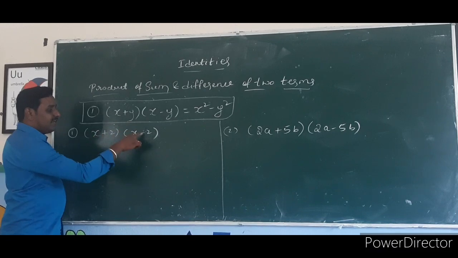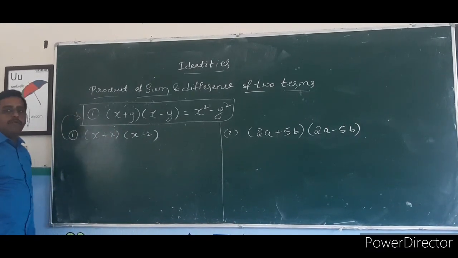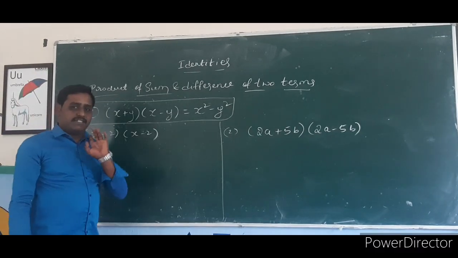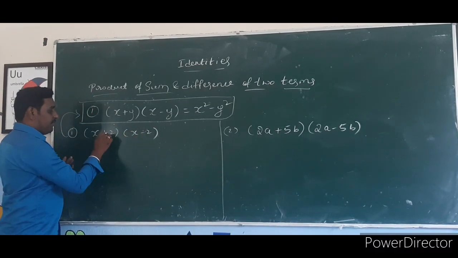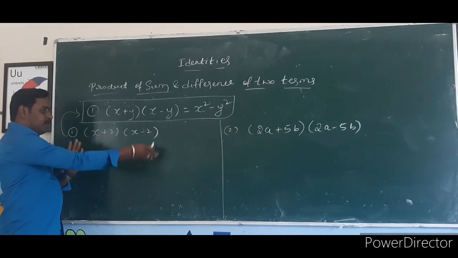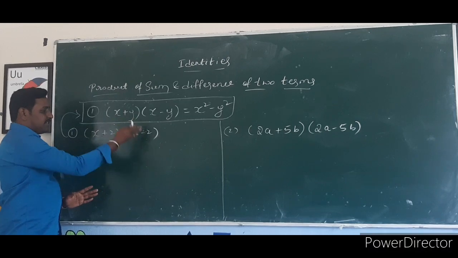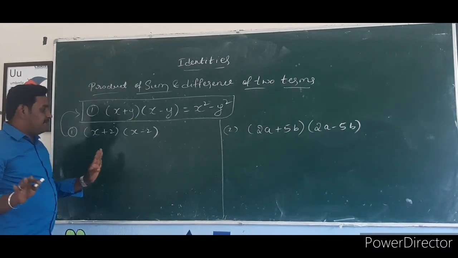Here plus is there, here minus is there. Only in this case we are going to apply this formula. I think you understand. So first term same, second term same. Here plus is there, here minus is there. If they are given the other way around, minus here, plus here, also we are applying this formula. No problem. There is no change in the statement.